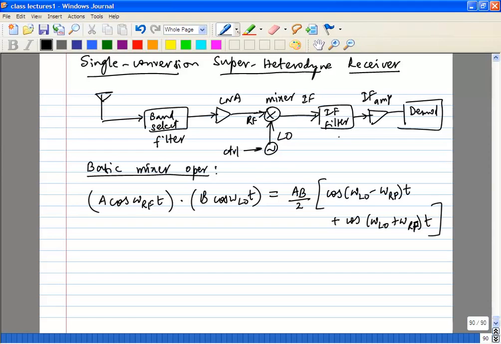So let's first of all assume omega LO is greater than omega RF. This is not necessarily true, and you can actually choose to have omega LO less than omega RF, and that will still work fine. This is called high side injection.